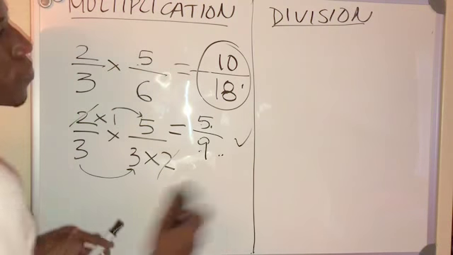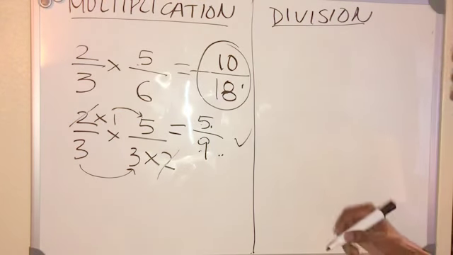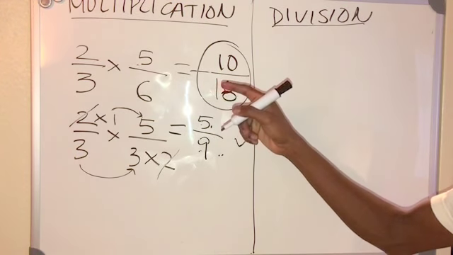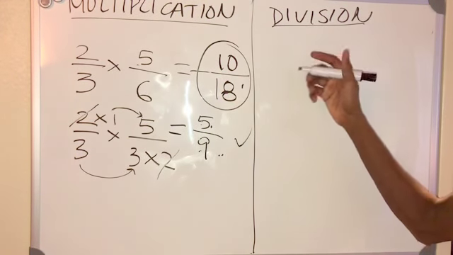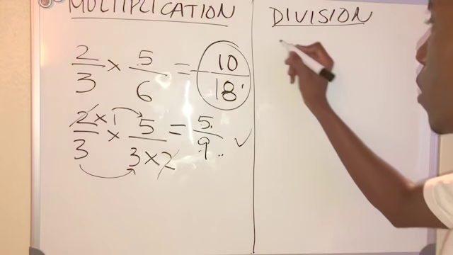Okay, now I'm going for the division part. I'm gonna get the same fractions and show you guys the division. You just do a little trick, then you multiply to get the answer.